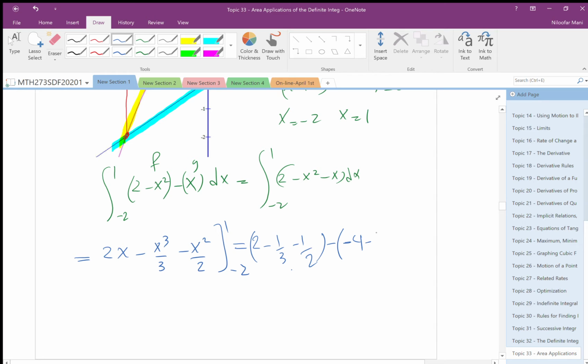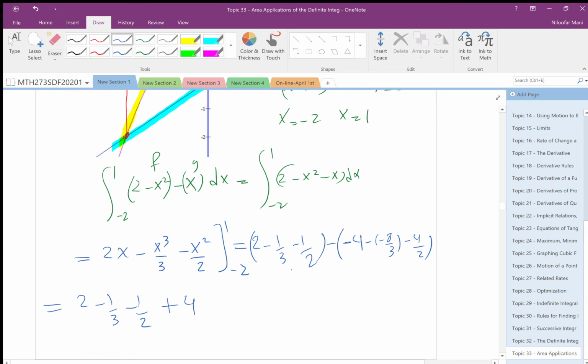So I have minus minus 8 divided by 3, right? And I have minus 2 squared, which is 4. So I have minus 4 over 2, which is 2, minus minus 4, which is plus 4.